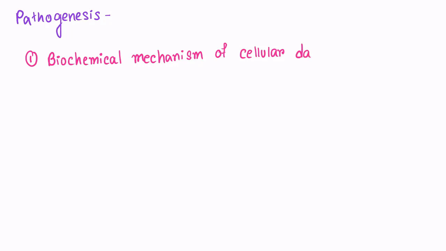Now coming to the pathogenesis of diabetic retinopathy. First step is biochemical mechanism of cellular damage. The causative agents for these are, number 1, polyol pathway. Normally, cells use glucose for energy.